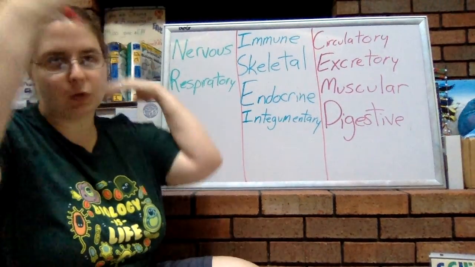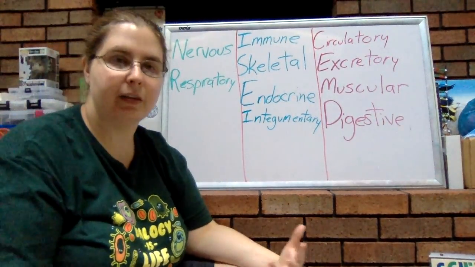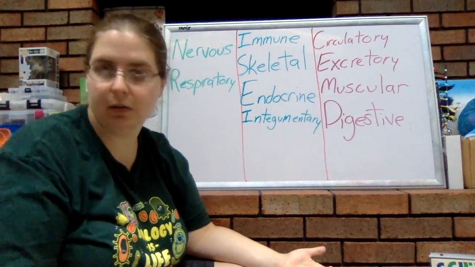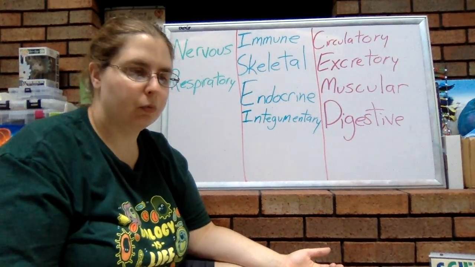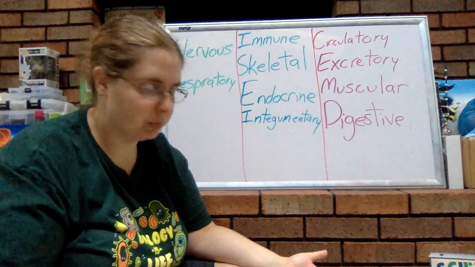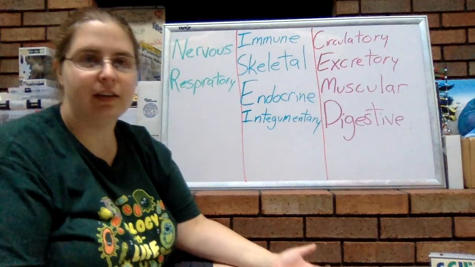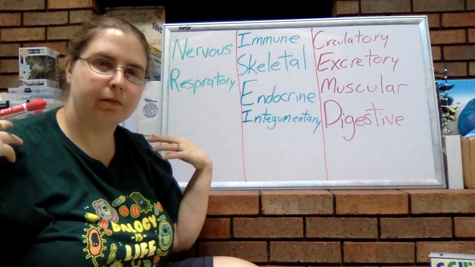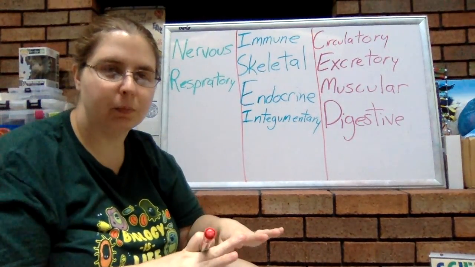The oxygen moves around the body and is deposited and given to different cells all over your body. Now, one of the waste products of cell respiration is carbon dioxide. So the carbon dioxide is then passed from the cells to the bloodstream.